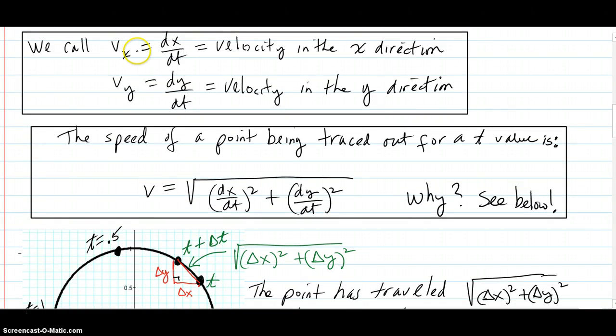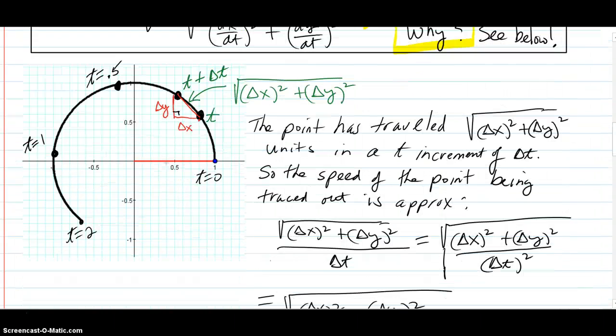This v sub x is the x-coordinate of the velocity vector, which we'll talk about in another video, and it's dx/dt, the velocity in the x direction, and v sub y is the velocity in the y direction. The speed of a point being traced out for a given t value is this formula here. So here's why that is.